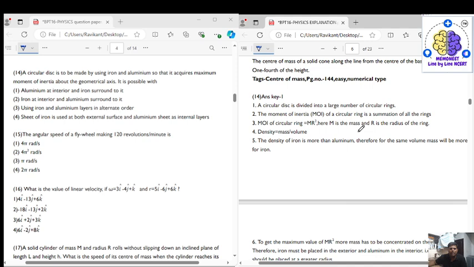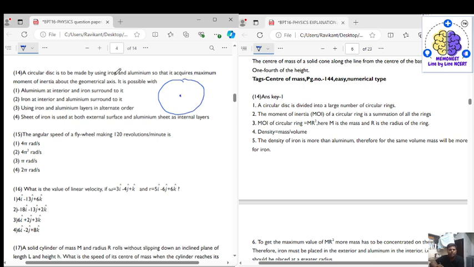Question number 14 says that a circular disc is to be made using iron and aluminium so that it acquires a maximum moment of inertia about its geometrical axis. It is possible with, see, if you need to increase moment of inertia, most of the mass has to be concentrated as far away from the axis, right?